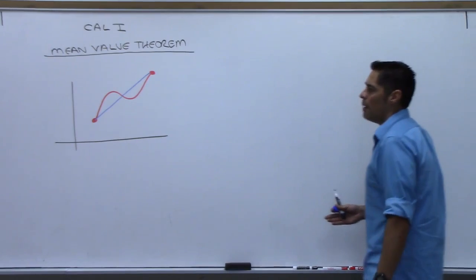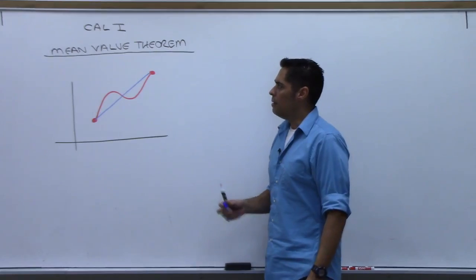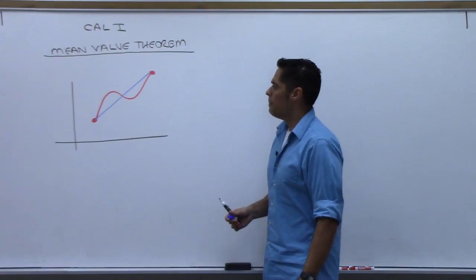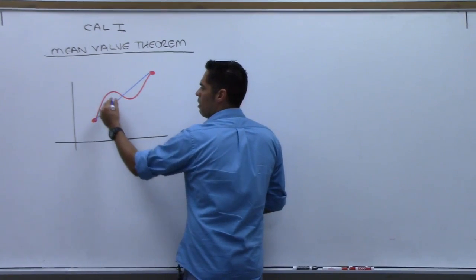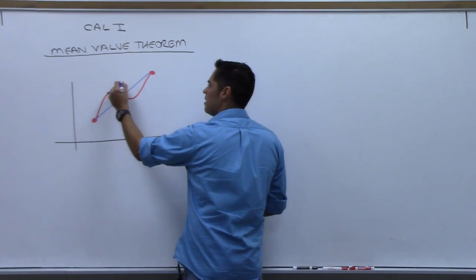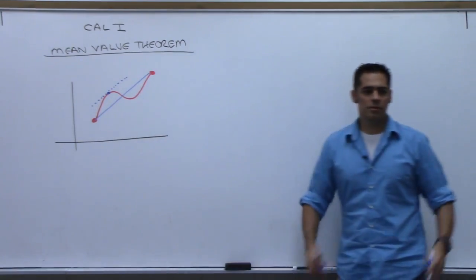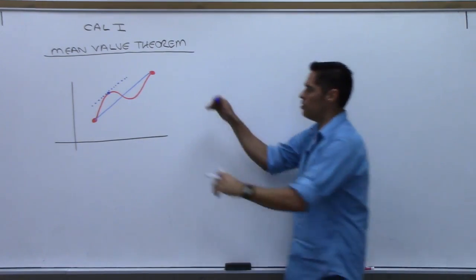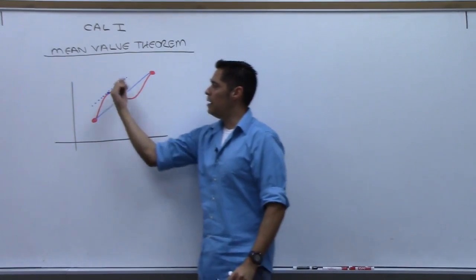And that slope would represent the average rate of change of the function. The mean value theorem says that there has to be some point in here where the slope of the tangent line at that point must be parallel. So the slope of that line must be equivalent to the derivative at some point.